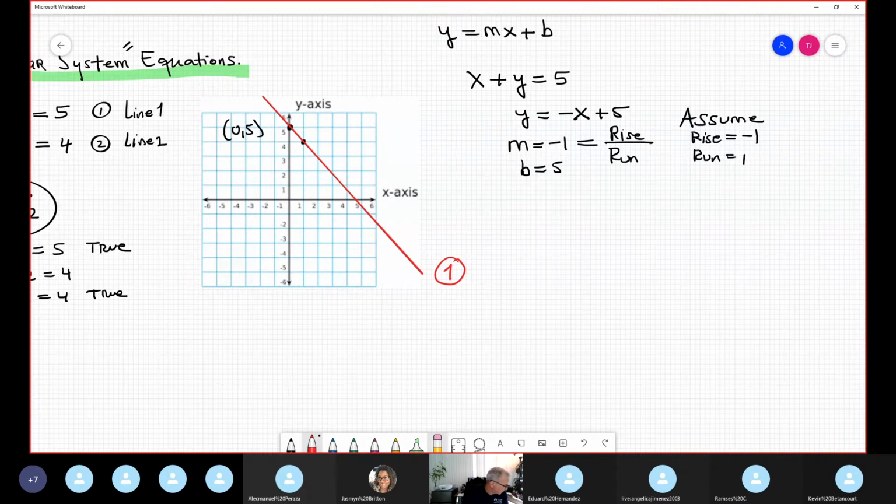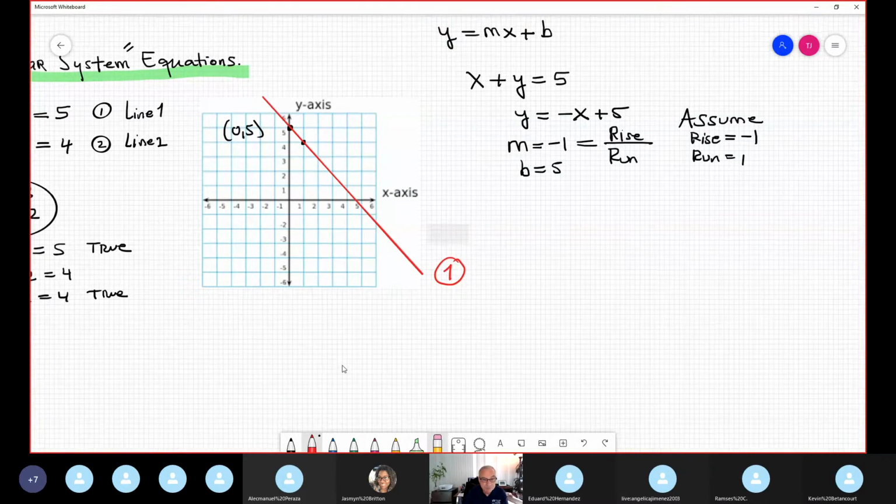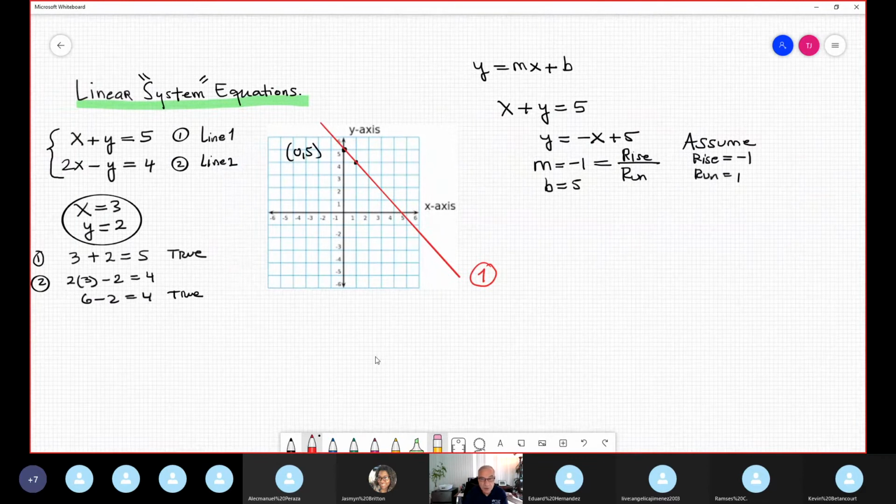Similarly, we take the second equation, we have 2x minus y equal 4. Again, solve for y. Minus y is equal minus 2x plus 4.